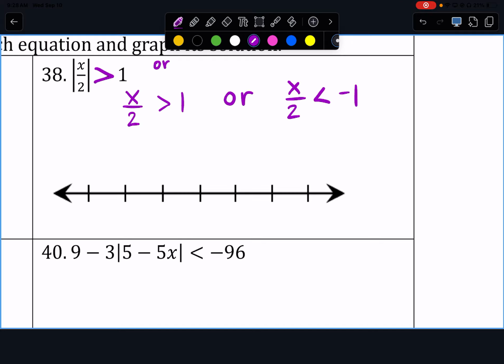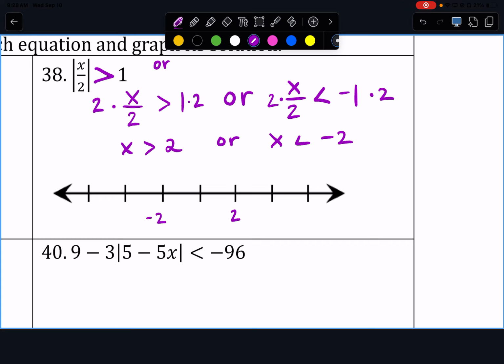Multiply everything by 2. I get x is greater than, what is 1 times 2? 2. Or, same thing over here, multiply everything by 2. X is less than negative 2. So we put negative 2 and 2 on our graph. Open or closed circles for those? Since it's or, does it go together or apart?